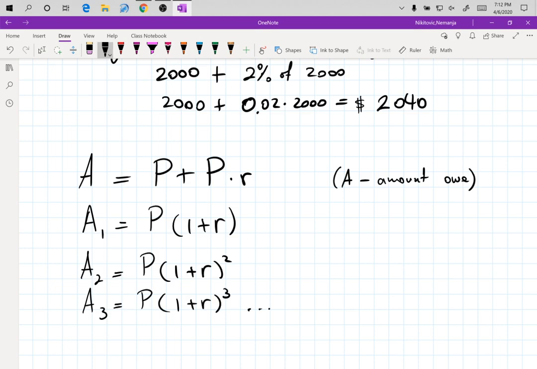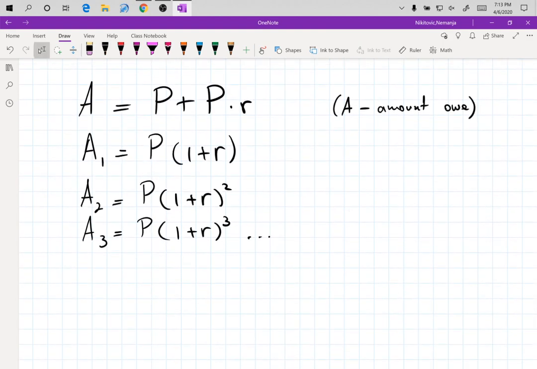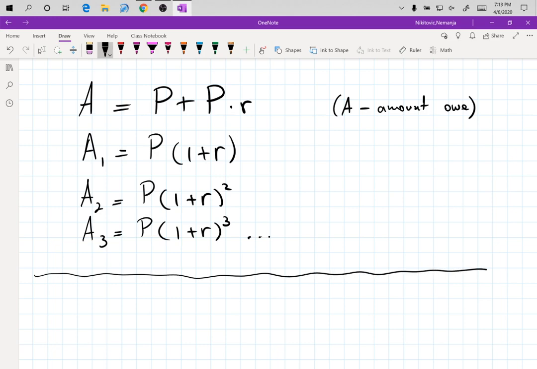And it would go like that, all the way through A12, let's say, where you are going to get your (1 plus R) to the 12th power and so on. So compound interest, obviously if you're not making payments, it is accumulating, and there is a bigger and bigger pile of money that you owe back because you were not paying off the service.